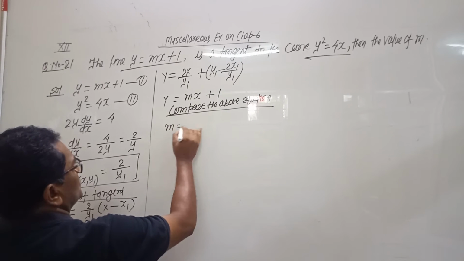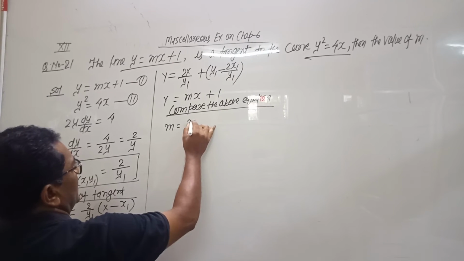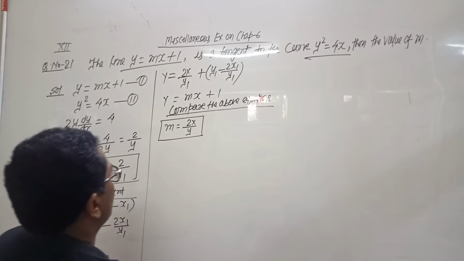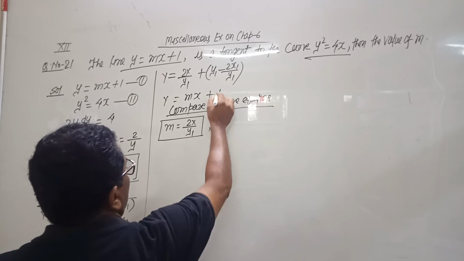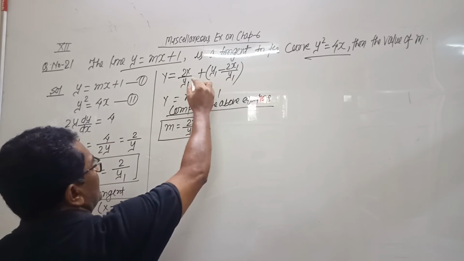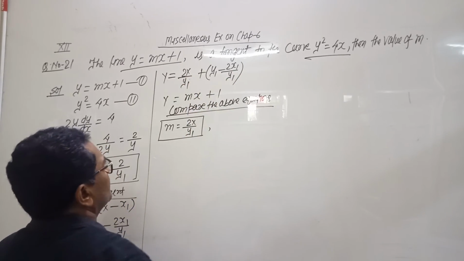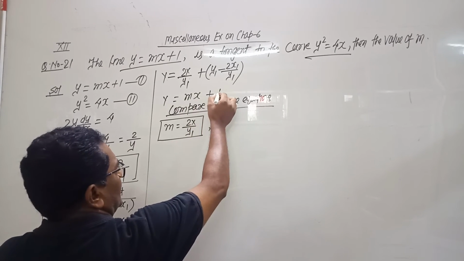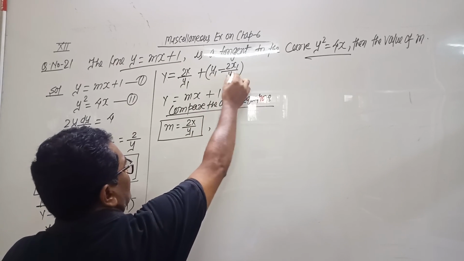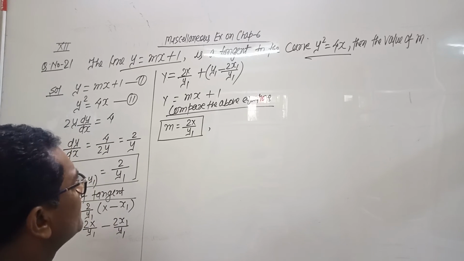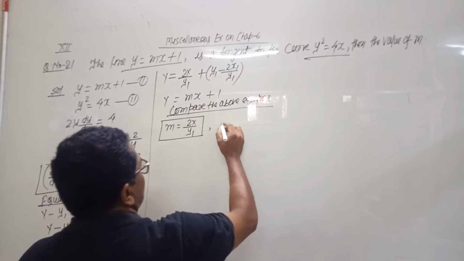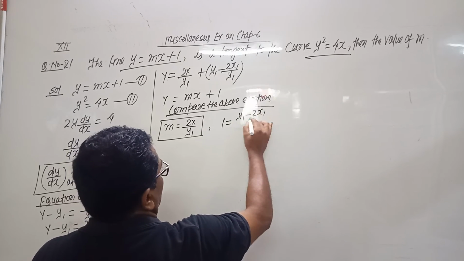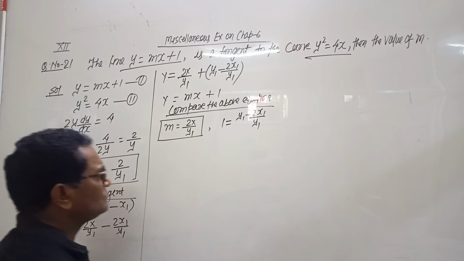So m equals 2 by y1, and the value of c: this is the form y equals mx plus c, and here the value of c is y1 minus 2x1 by y1, so we can write 1 equals y1 minus 2x1 upon y1.